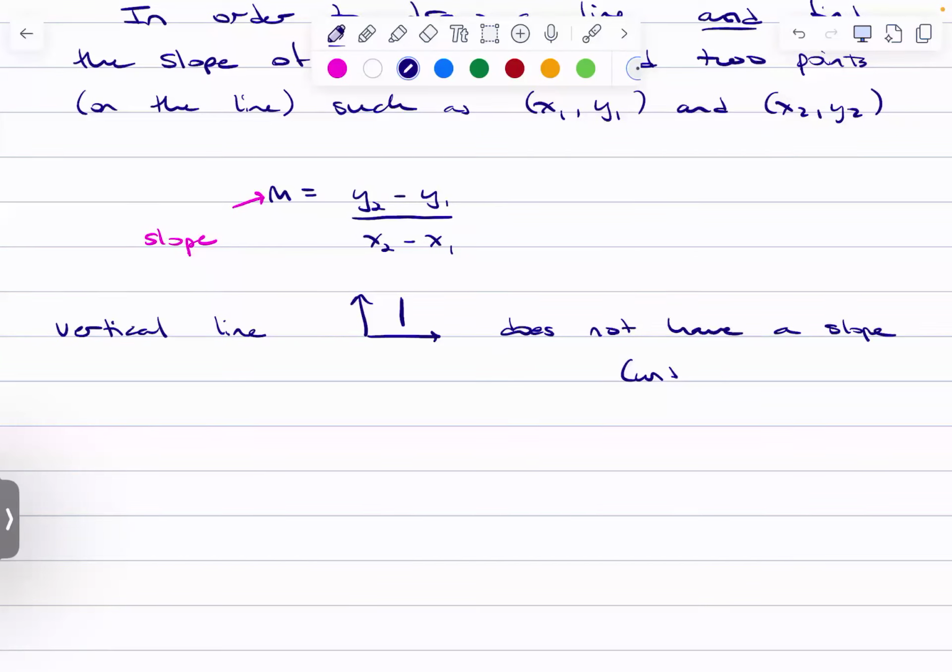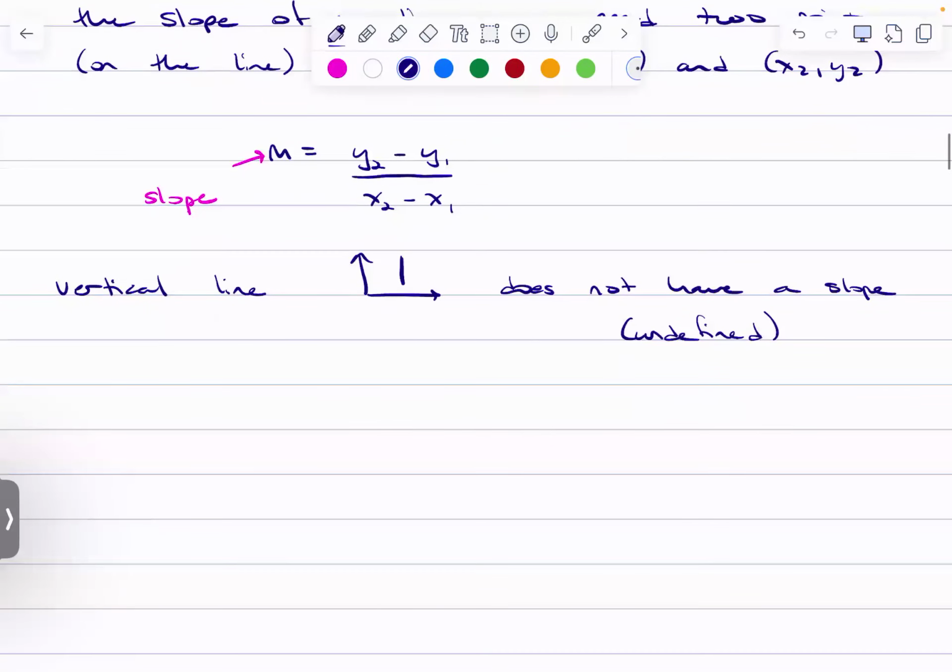It's undefined, since we were dividing by 0. Rise over run. If the run is nothing, then we're dividing by 0, and that's bad. Versus a horizontal line, which looks like this. Oops, arrows everywhere. It's not very good, is it? Good enough. It has a slope of 0.